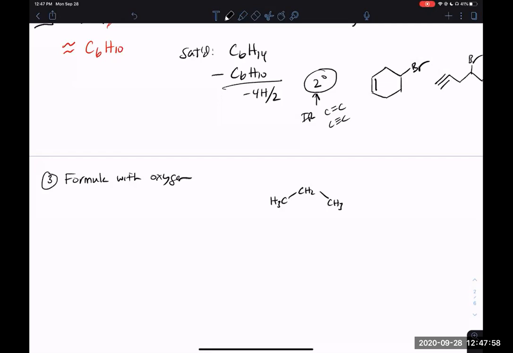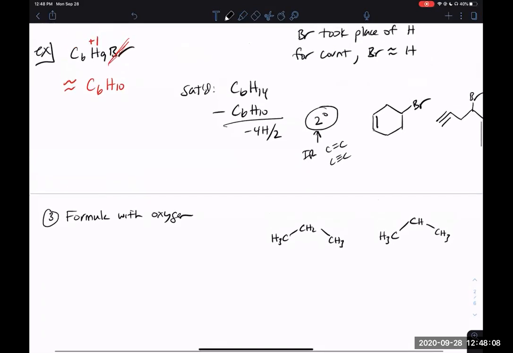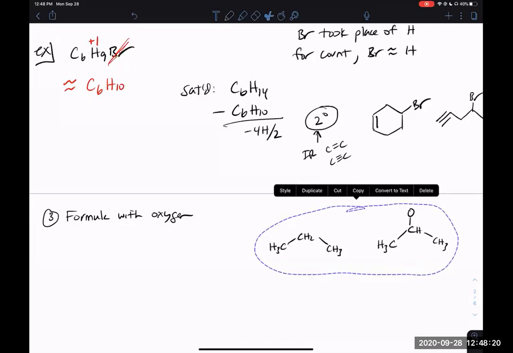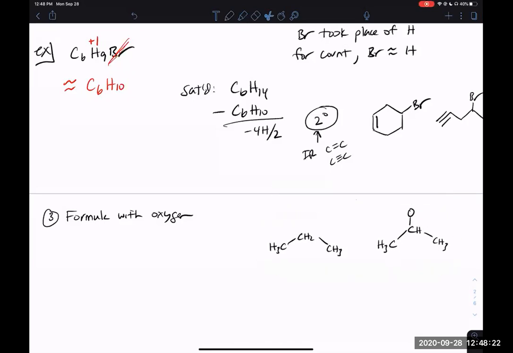What I'm going to do with my new formula is put an oxygen in the middle again. It's still all single bonds. I don't want to alter the bonding, so I'm just going to pop an O in there. Now, you have to build a stable molecule, right? So the oxygen took the place of a hydrogen.